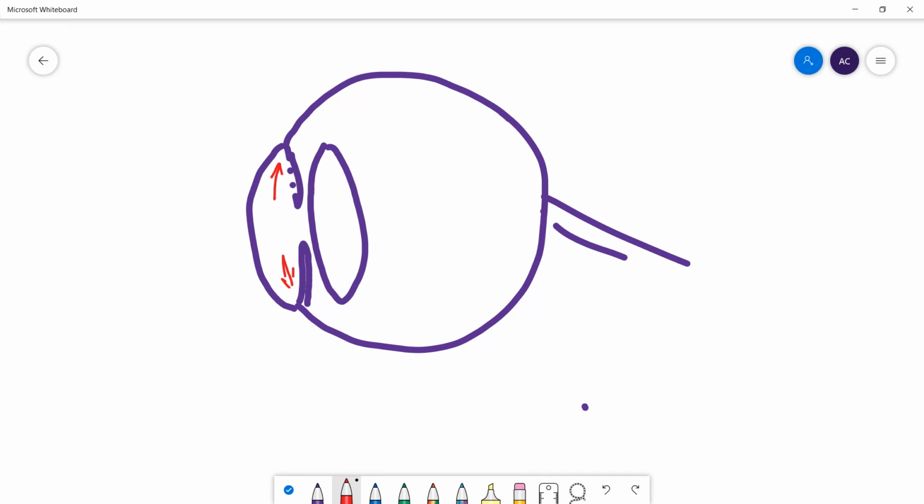Now, if in this particular case the angle is open, it means the angle is something like this. Now, if this iris is attached to the lens and this angle is closed, we call it angle closure glaucoma.